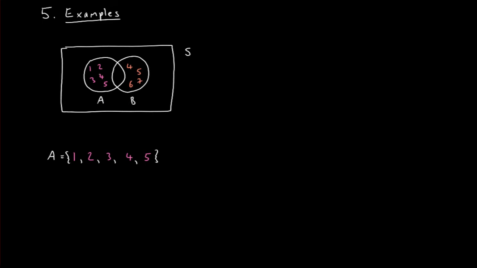Now, clearly there's a problem here. There's some sharing, there's some overlap, and I think you can see which ones there are. That's the 4 and the 5. So the 4 and the 5 really belong in the middle.